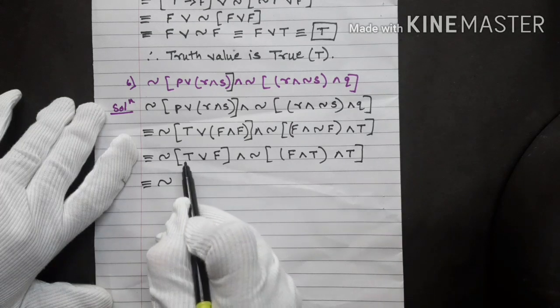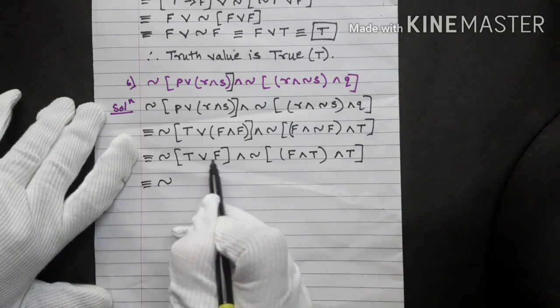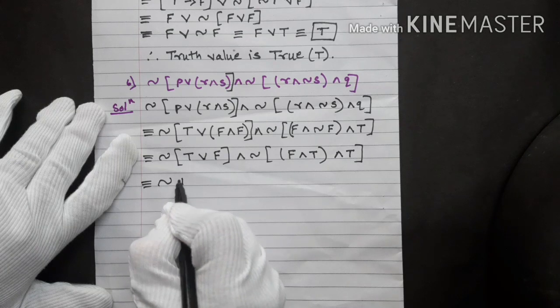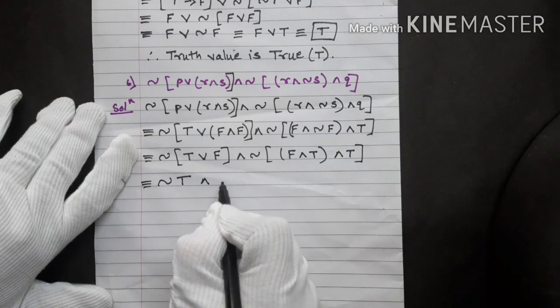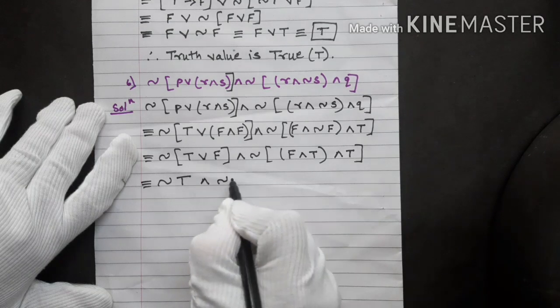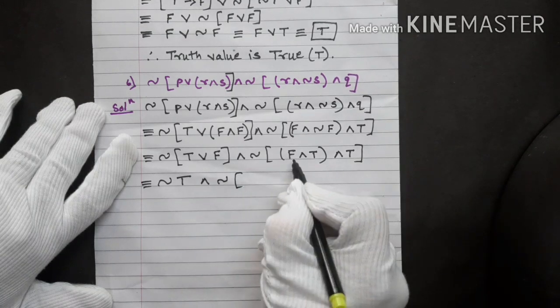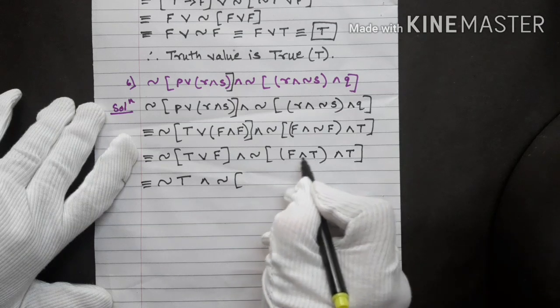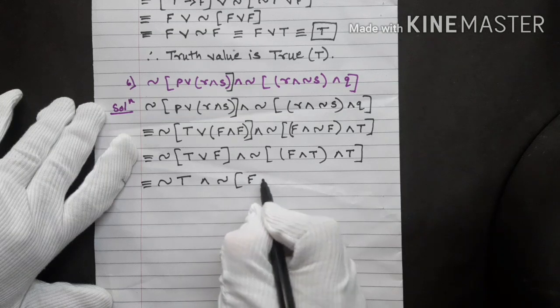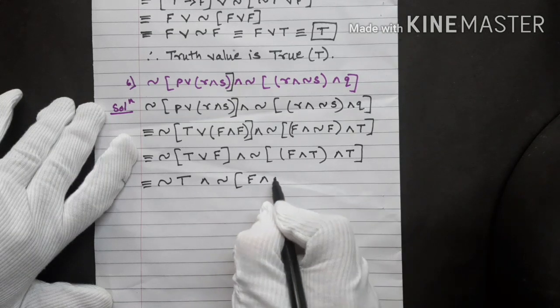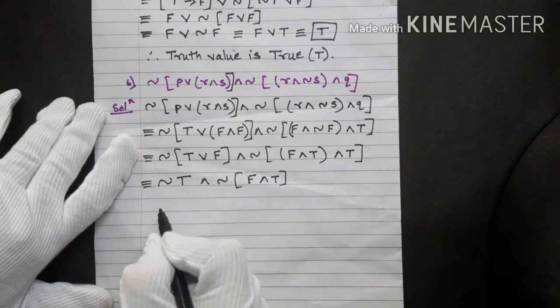Now this is T or F. T or F is true. So true, negation into bracket F and T. F and T is F and this T, correct?